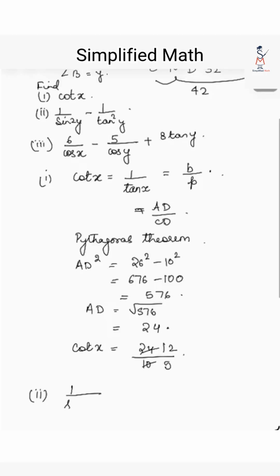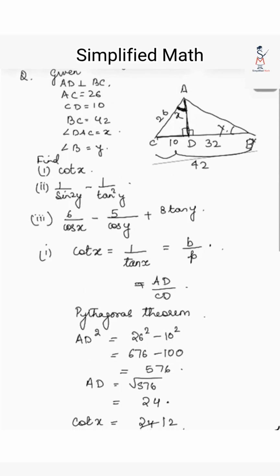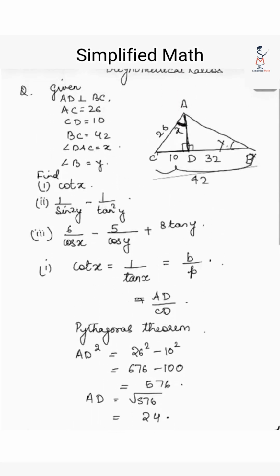Now I'll tell you, in the second one, one way is finding the hypotenuse AB with the help of Pythagoras theorem, because AD we got here, that is 24. And putting the value of sine y and tan y. Sine y is perpendicular by hypotenuse. Like that we will do.